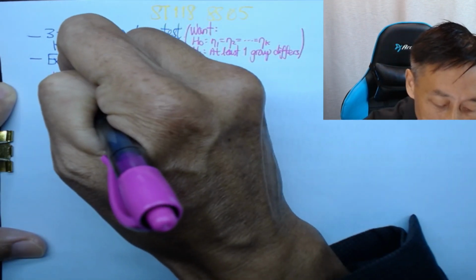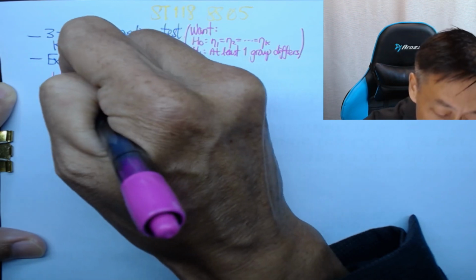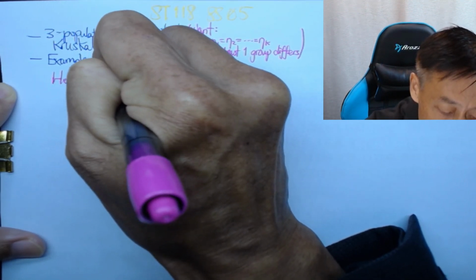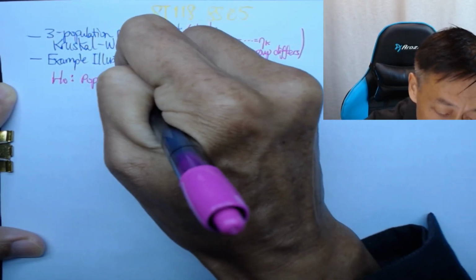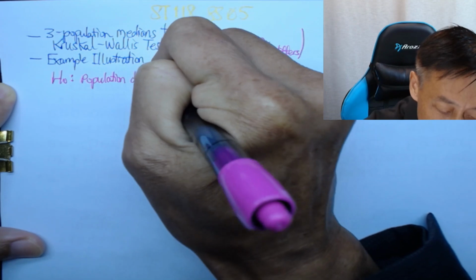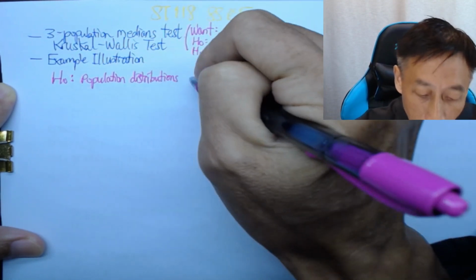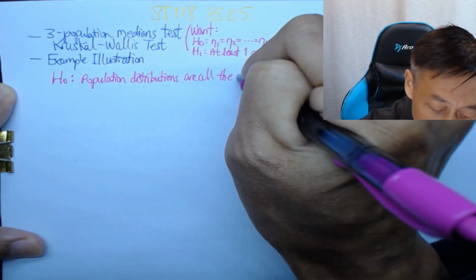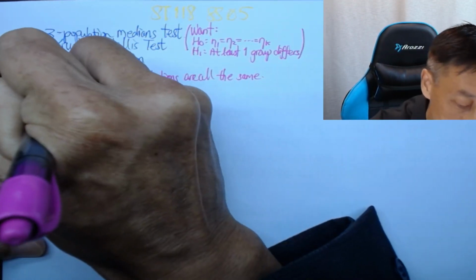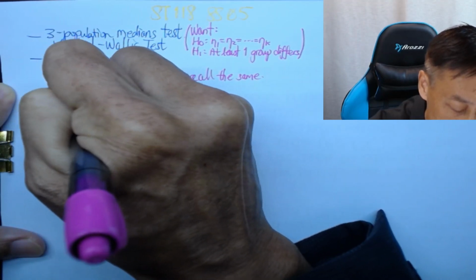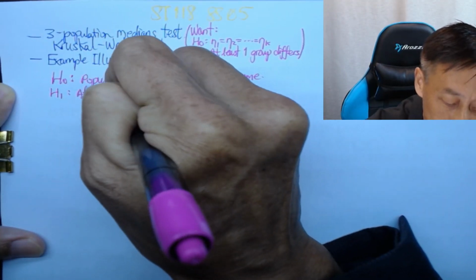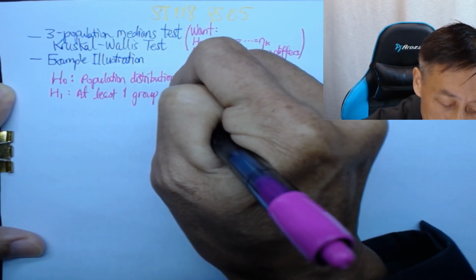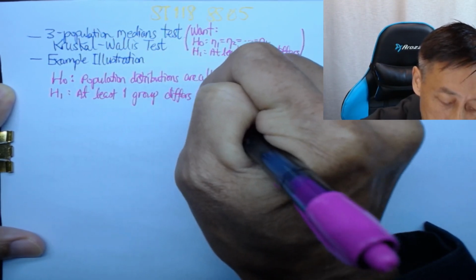We are testing that the population distributions under the null hypothesis are all the same, versus at least one group differs in distribution.